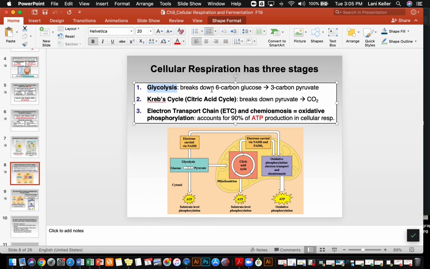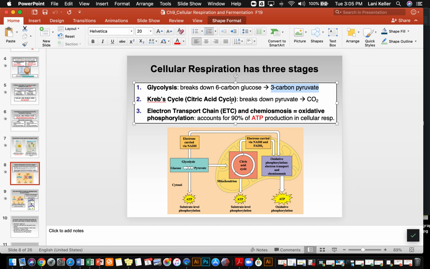But the whole purpose of glycolysis is to break down glucose and make two 3-carbon pyruvates, right? Glycolysis is the most ancient of these processes, and it occurs in the cytoplasm, right?